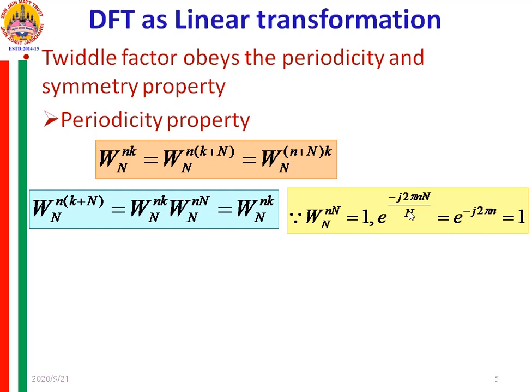Now this N and this N will get cancelled, and you will remain with e raised to minus j 2 pi n. Now the value of e raised to minus j 2 pi n is equal to 1. Therefore, this term is equal to W raised to nk. Whether you write it with respect to n or with respect to k, this twiddle factor is periodic with the period of capital N. This is the periodicity property of the twiddle factor.